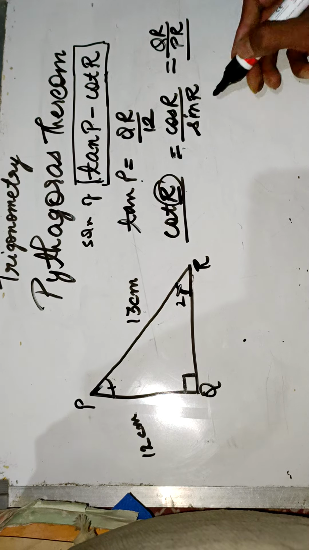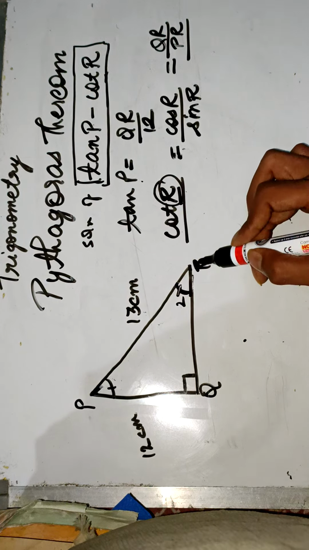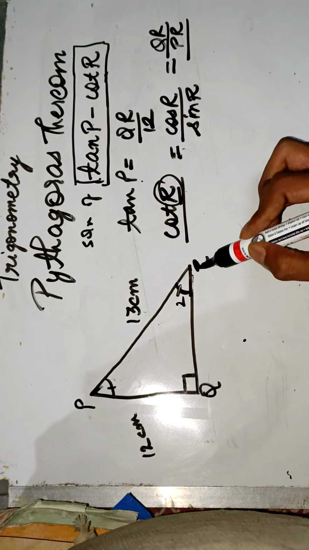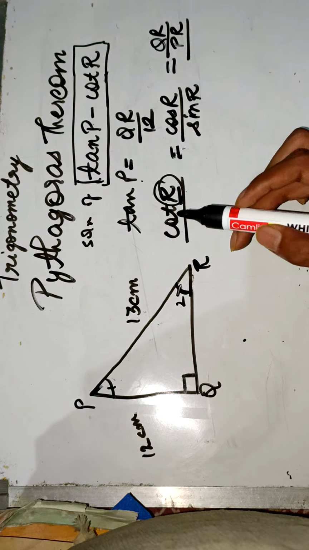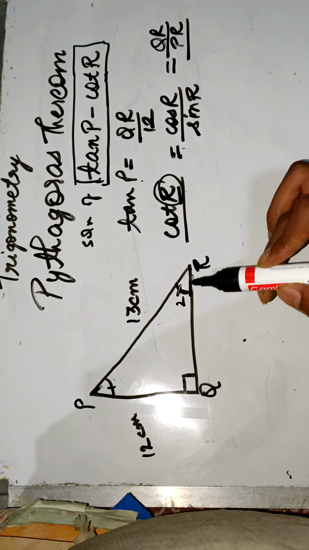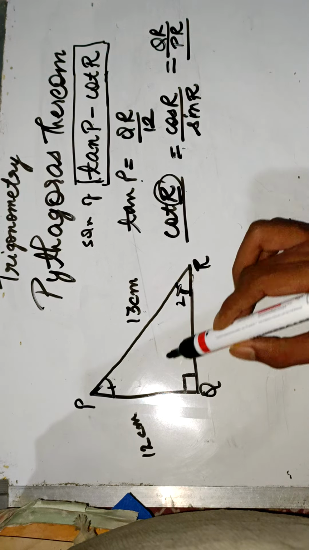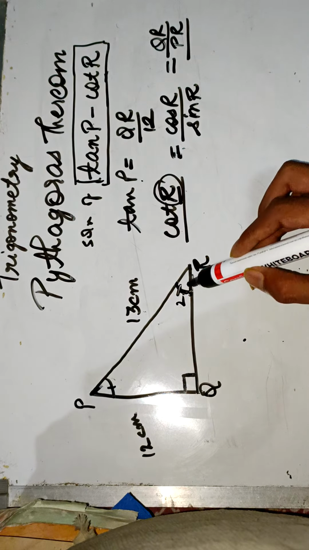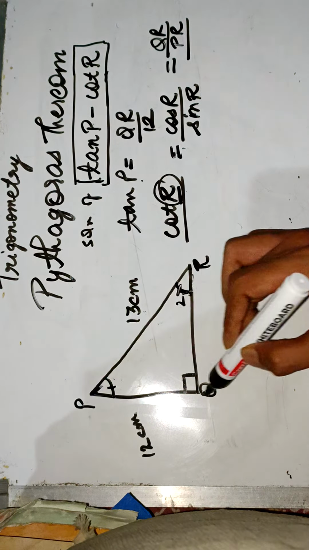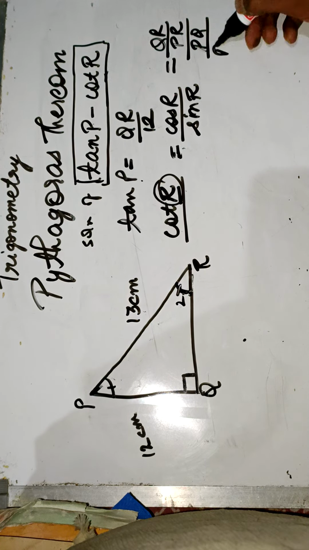Alright. Then we have to take out the value of sin R. What is sin R basically? As discussed before, whenever talking about sine of any angle, that relationship is equal to the ratio of the side which is opposite to the angle. Which side is opposite to this angle? The side opposite to the angle is PQ. So you have to take PQ upon the hypotenuse, that is PR.